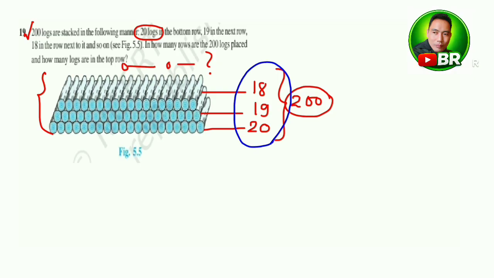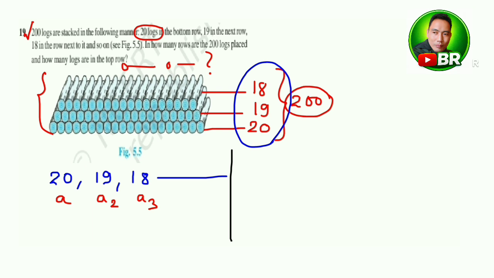Okay, in the bottom row there are 20 logs. Next to the bottom row there are 19, and next to it there are 18 logs. Students, in this way, an AP has been formed, and in this AP, this is first term, this is second term, and this is third term. Okay, now let's write whatever we have.